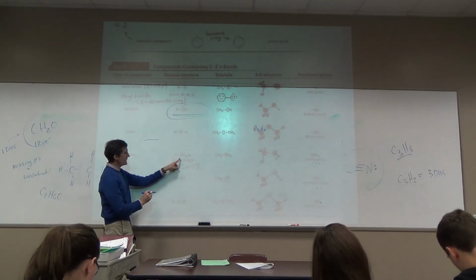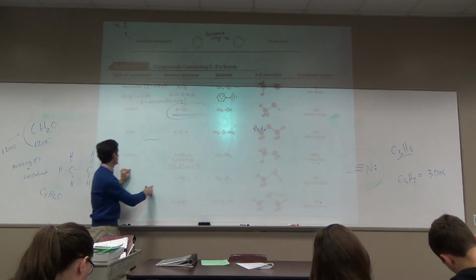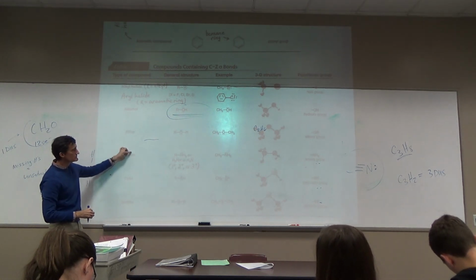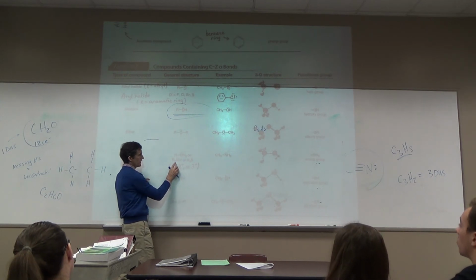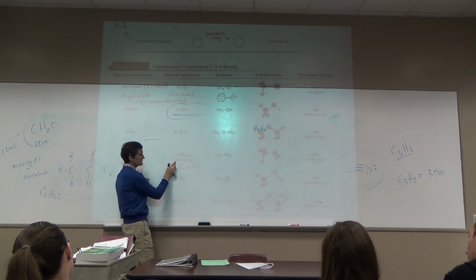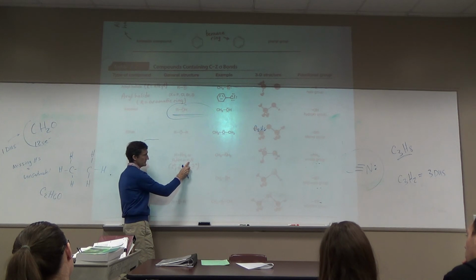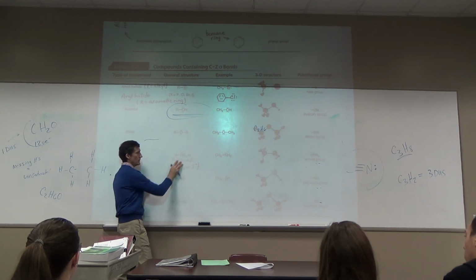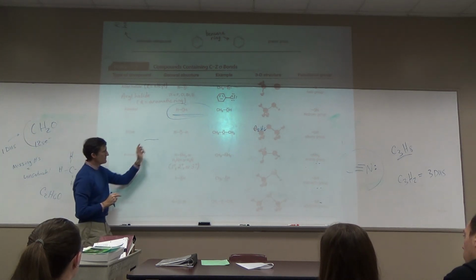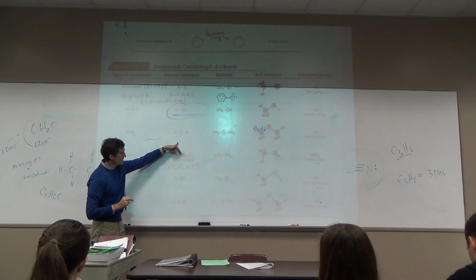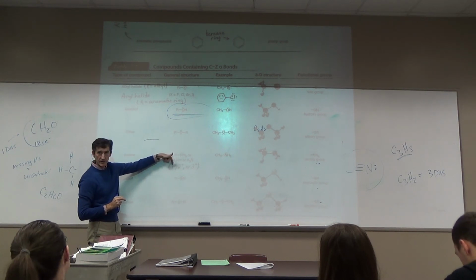If we have an R group bonded to a nitrogen, it's going to be called an amine. Now in this case, the nitrogen can have 1, 2, or 3 R groups bonded to it. All 3 bonds to nitrogen can be R groups. Regardless, they're all amines. If one carbon group is bonded to nitrogen, it's called primary.